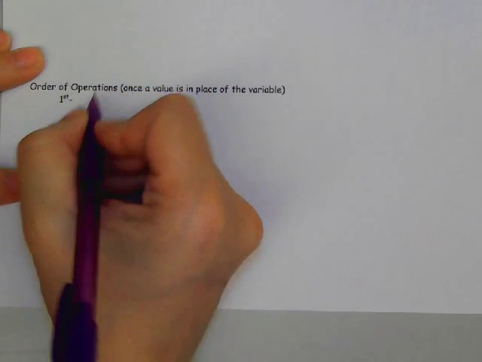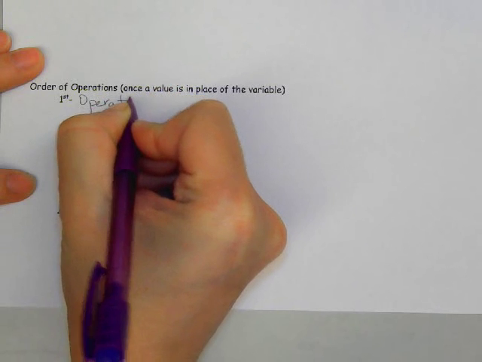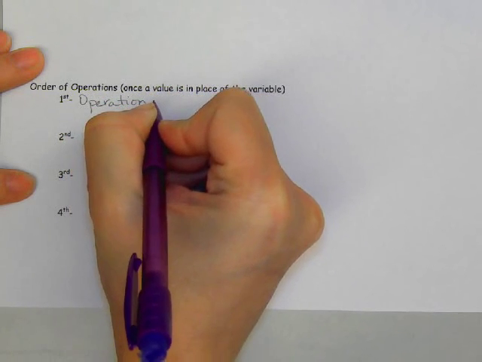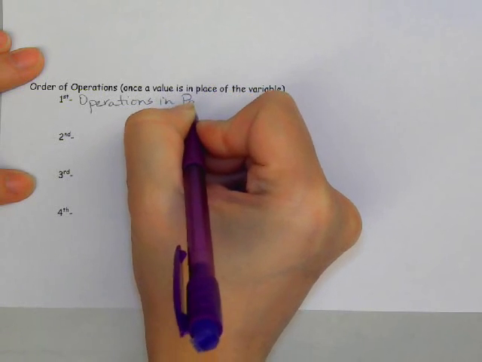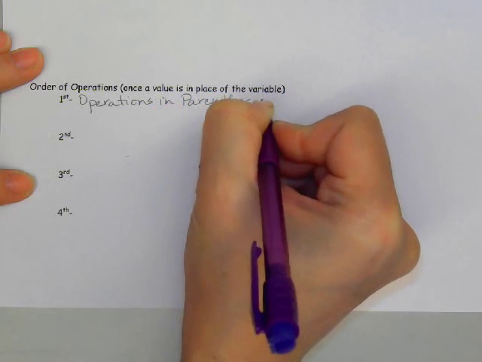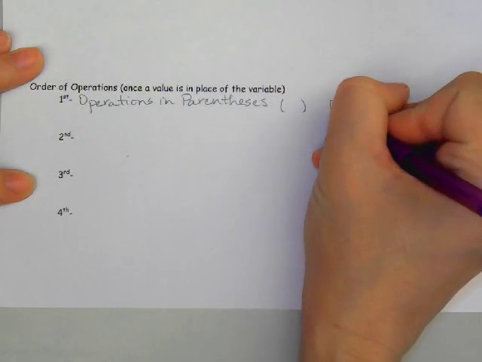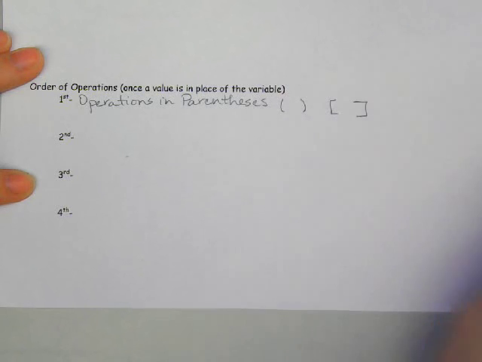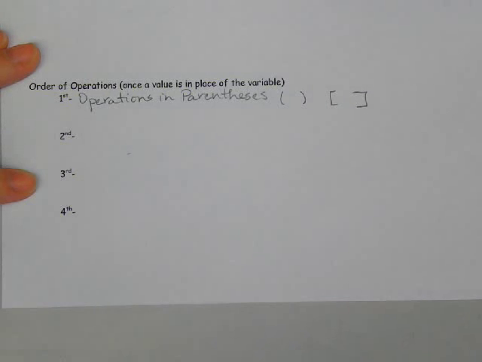First off, you're going to do operations in parentheses, or just grouping symbols. You might see brackets. Any grouping symbols, that's what you're going to do very first, anything inside of those that you can.